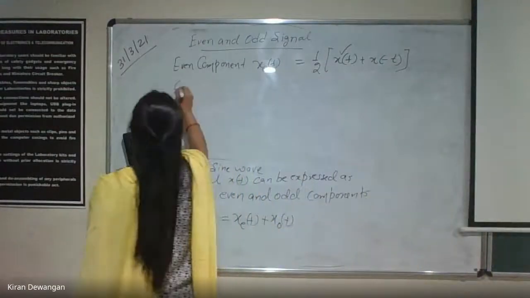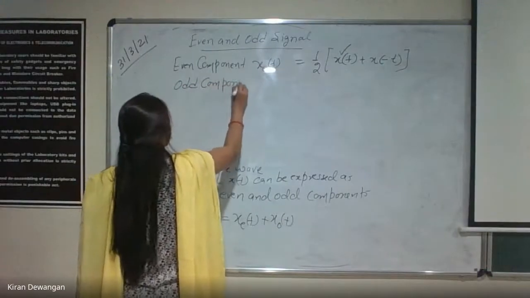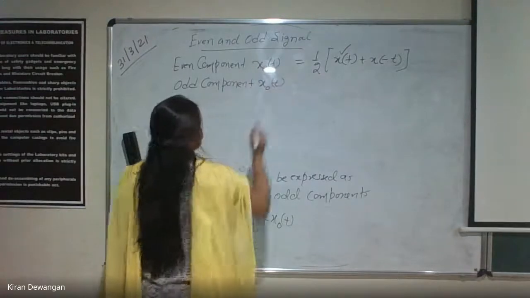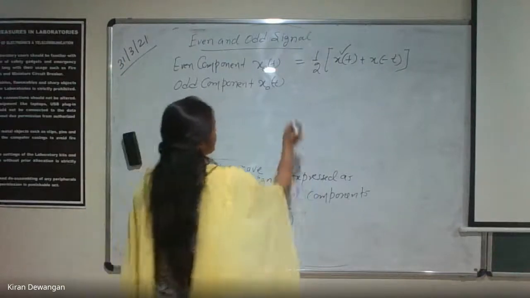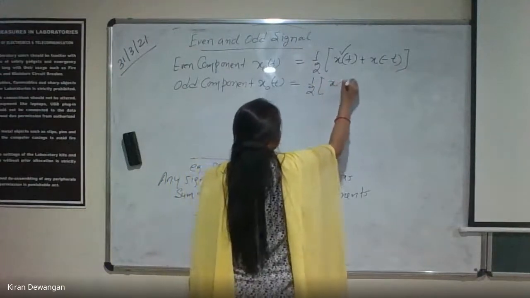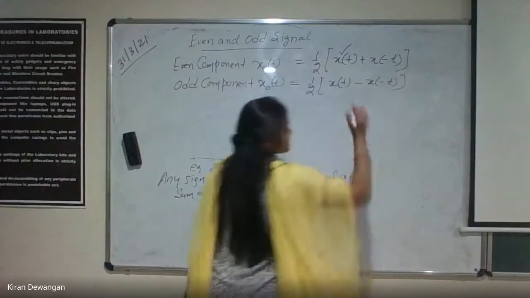And similarly, the odd component of the signal is represented by xo(t), and it is equal to 1 by 2 [x(t) - x(-t)].